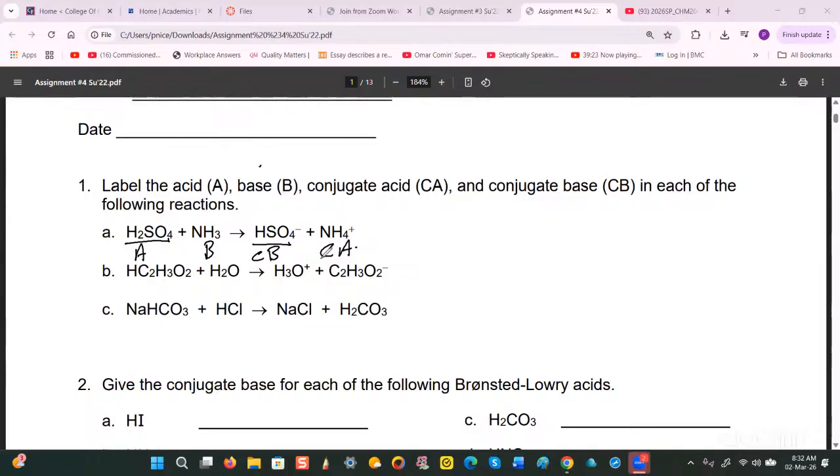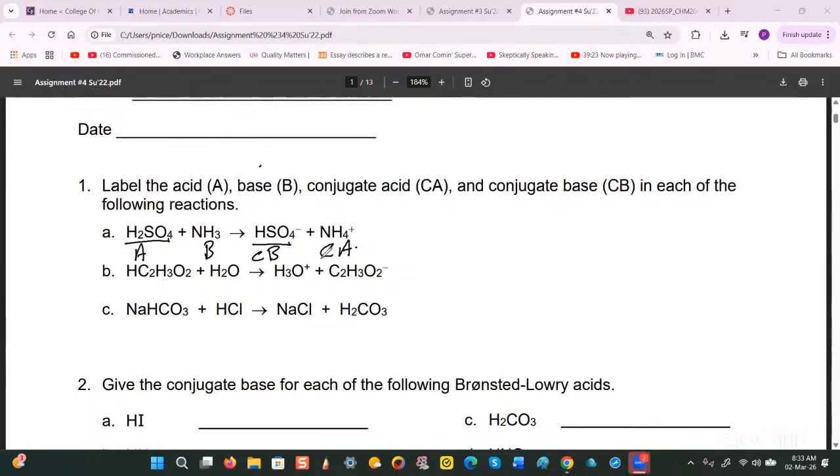So that's how you can determine what's an acid, what's a base, what's a conjugate base, what's a conjugate acid, right? So just to reiterate this point, the acid is a substance that loses a hydrogen ion to a base, while a base is a substance which gains a hydrogen ion from the acid. When an acid loses a hydrogen ion, it forms a conjugate base.